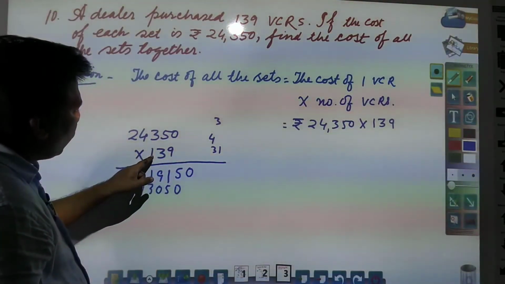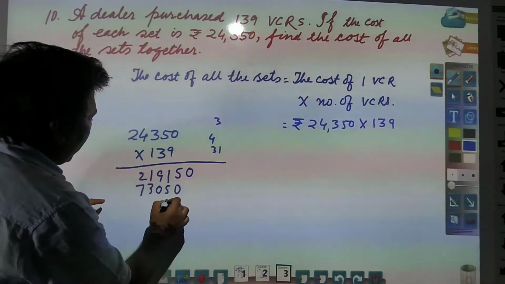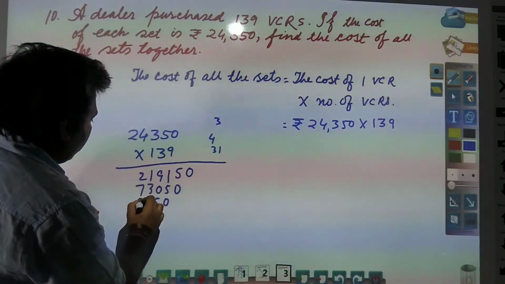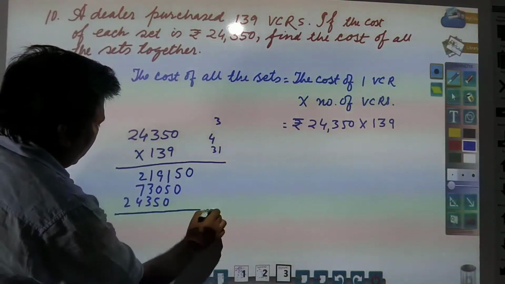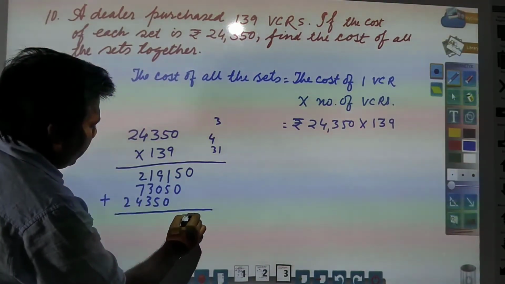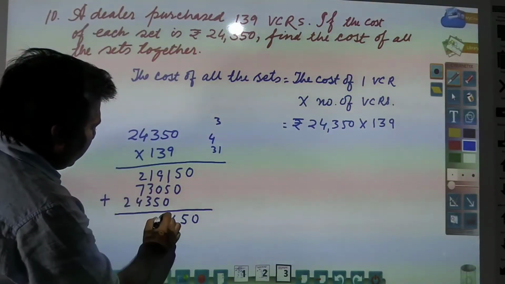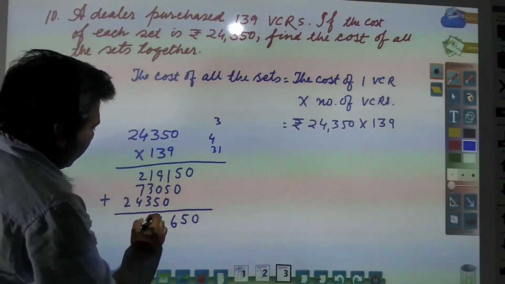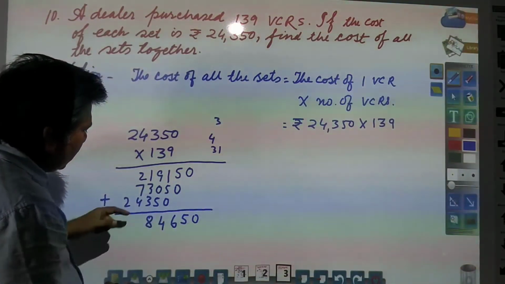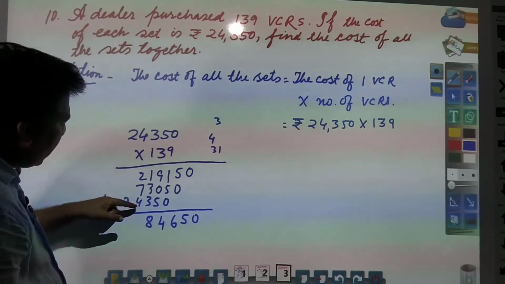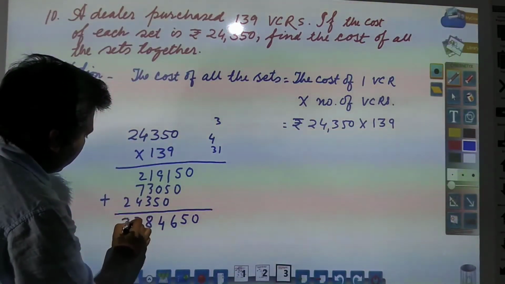If by 1 you are multiplying the same number, you will be having 0, 5, 3, 4 and 2. This you add up, 0, 5, 6, 14, 3 and 3 is 6 and 1 is 7 and 1 is 8, and this will be 7 and 2 is 9 and 4 is 13, and this will be 3.